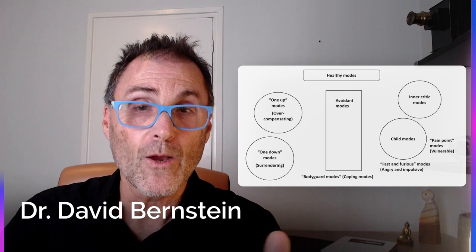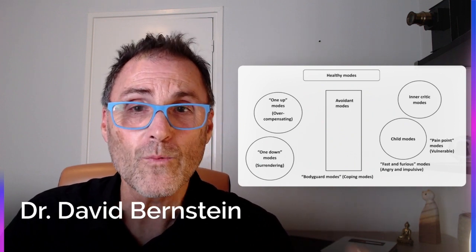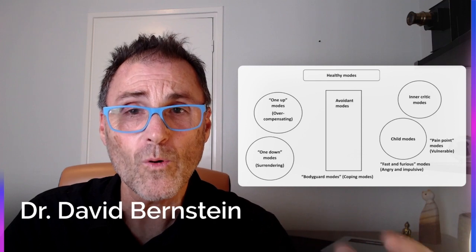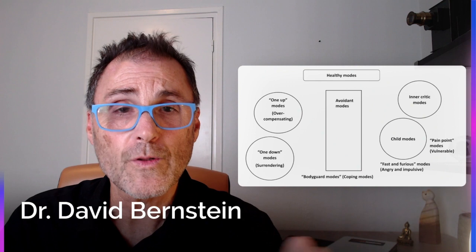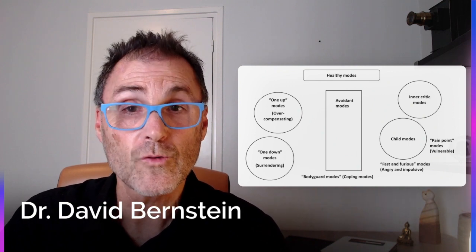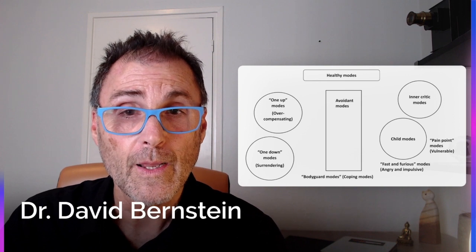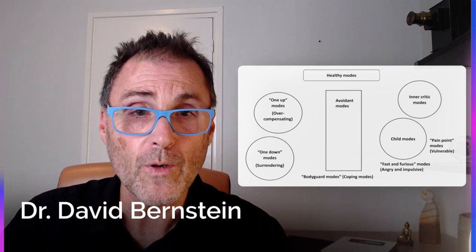Okay? Now, generally speaking, the modes on the right-hand side represent the kinds of modes where people are more likely to feel their inner pain, and the modes on the left-hand side are more the modes where people try to get away from their inner pain. And so the modes on the left are all the so-called coping modes.